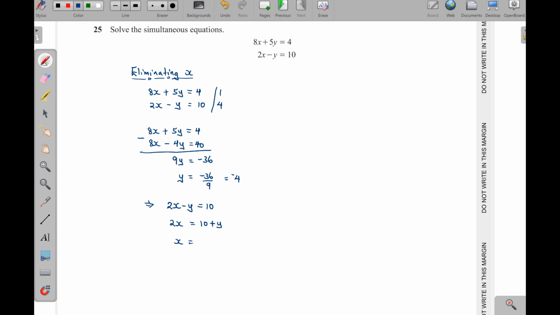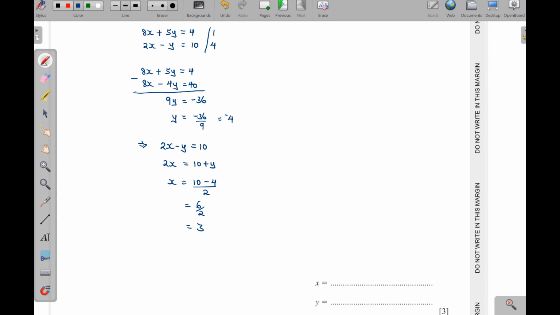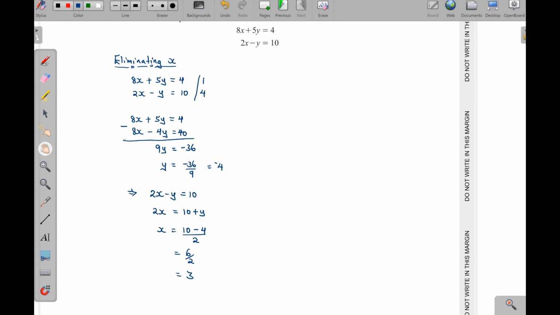So our x is going to be 10, our y is a negative 4. Then we shall divide by 2. What do we have here? 6 divided by 2. And then we get a 3. So that means our x is going to be equal to 3. And then our y is negative 4. Okay, that is using elimination.